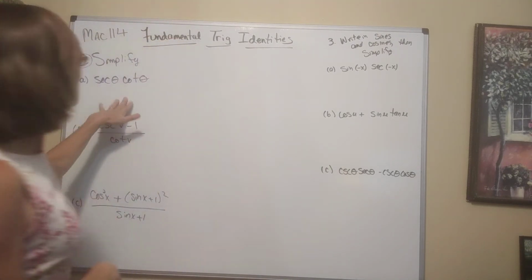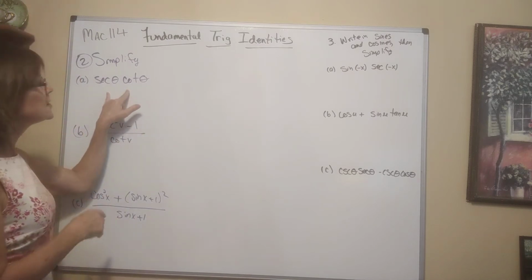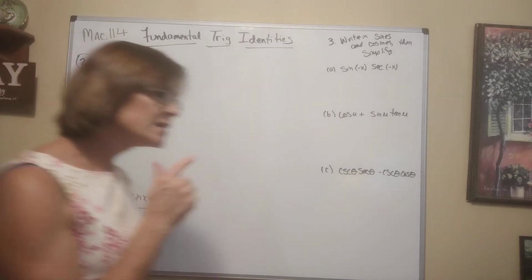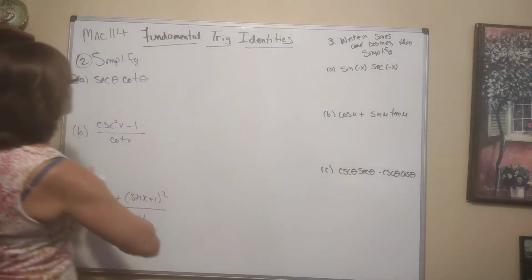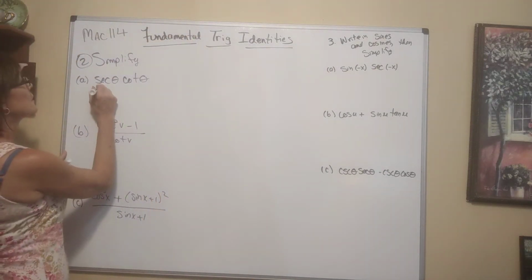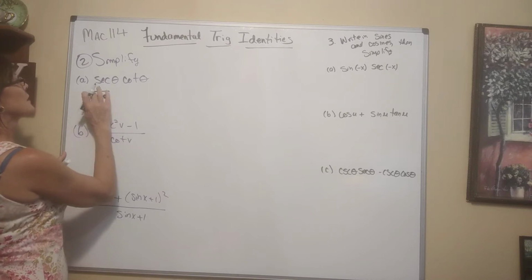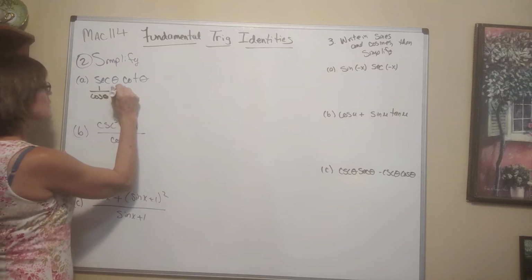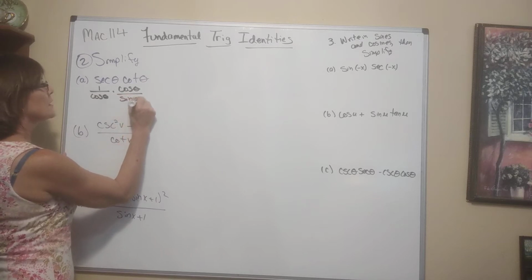So if it says to simplify this, a good idea is to break this into sine and cosine language. And so let's go ahead and do that. What is secant equal to? We know that secant is equal to 1 over the cosine of theta. So let's rewrite this into 1 over the cosine of theta. And we know that the cotangent is equivalent to the cosine of theta over the sine of theta.